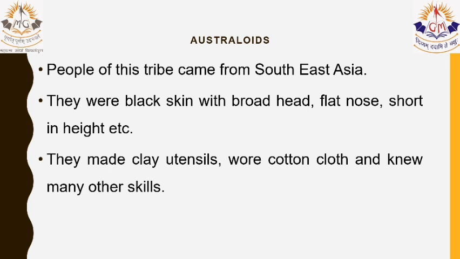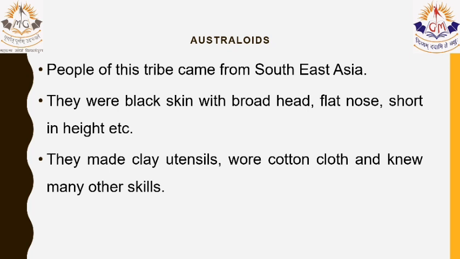So till then they had developed their skill with their intelligence, and in order to survive they needed to improve upon their skills and to make and discover more things. So these people were already using clay utensils.